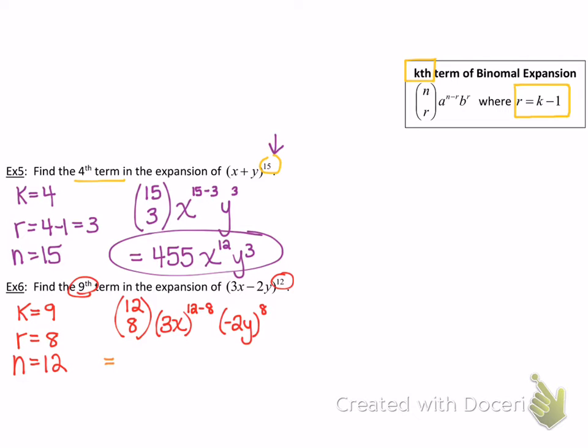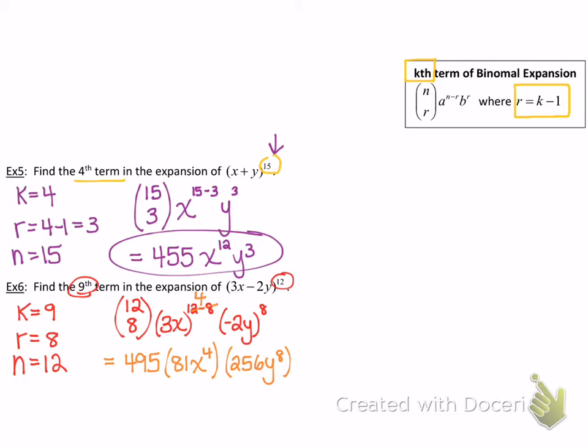So 12 choosing 8 is 495 times, so this becomes 4, so we have 81 x to the 4th, and then we have positive, because it's an even exponent, 256 y to the 8th.